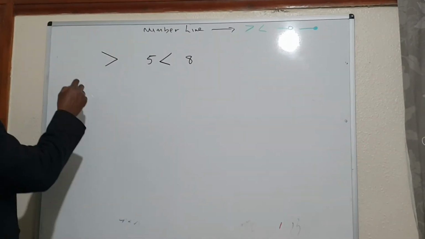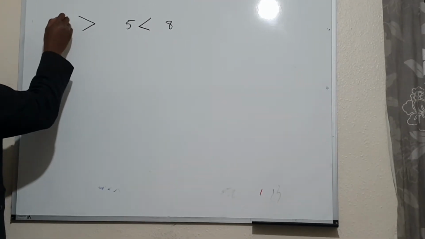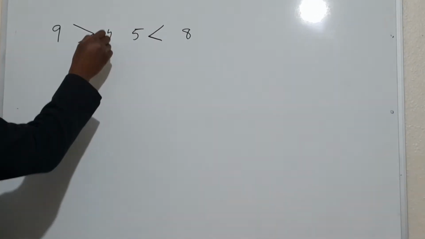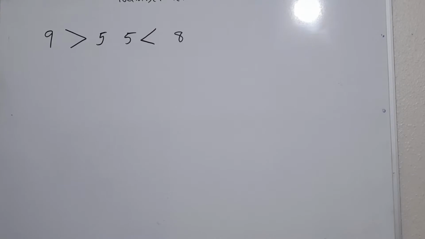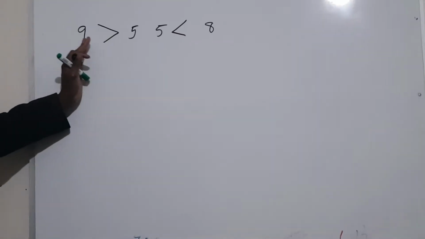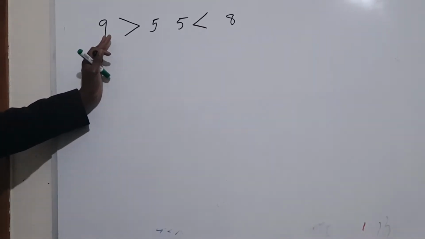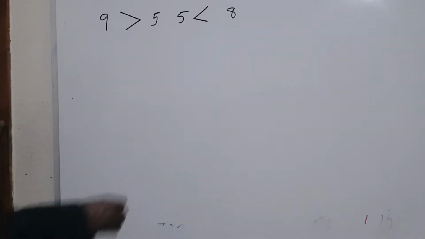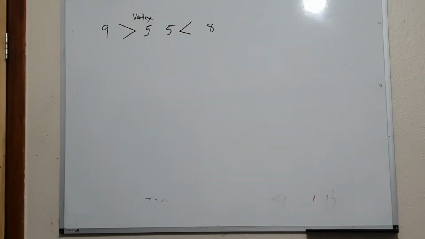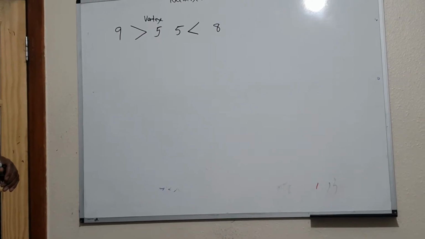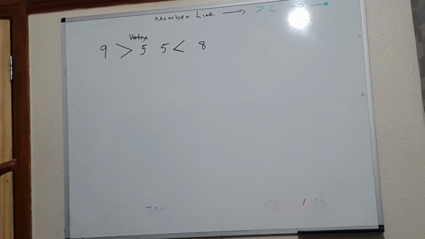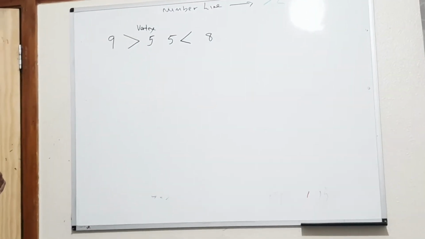In this other one, when you put it the other way like this, 9, 5. As I said, the open mouth points to the bigger number. And the convergence, or the vertex, where the two lines meet, points to the smaller number.